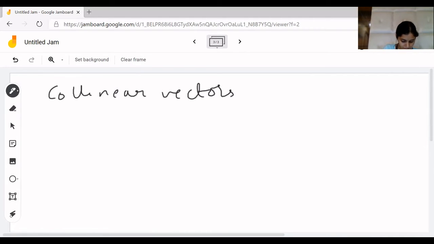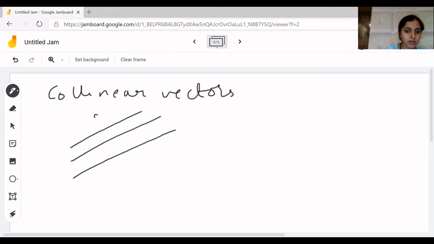So two or more vectors are said to be collinear if their directions are same or opposite, irrespective of their magnitudes. Let us say these are A bar, B bar and C bar. And let's say this is going in the other direction. Such vectors represent parallel lines, hence are also called parallel vectors.